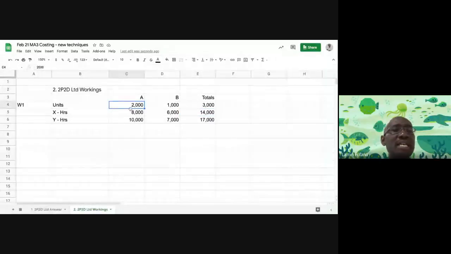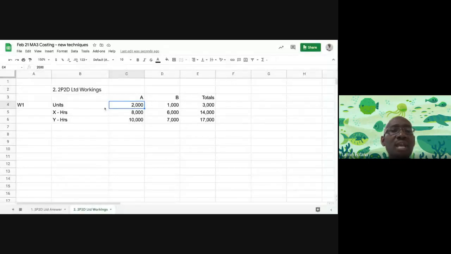C4 actually is the units. Okay? So that's the units, the number of units for A and the number of units for B. So to arrive at our hours for department X for product A, we take the hourly rate multiplied by the number of units. So that gave us 8,000. Okay? So for product B under department X, it takes 6 hours per unit multiplied by 1,000. That gives us 6,000 hours.